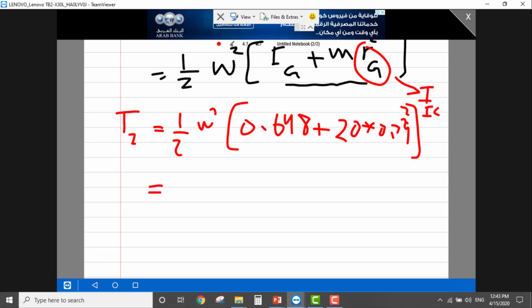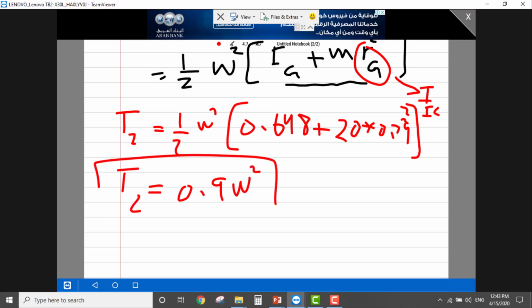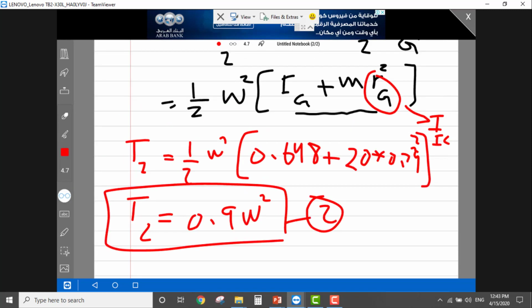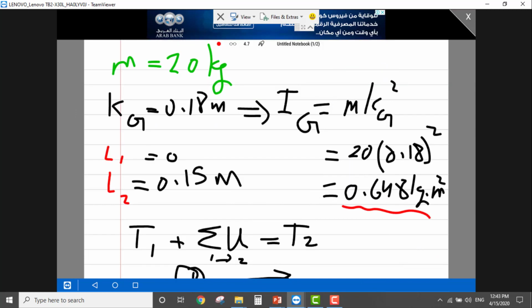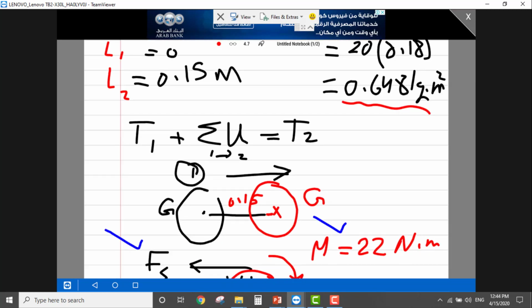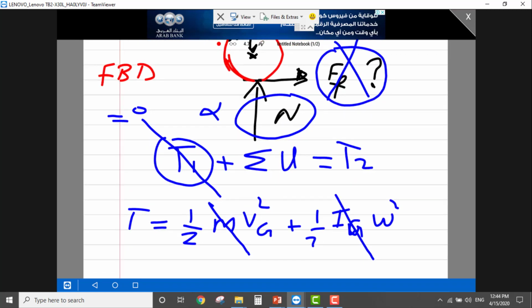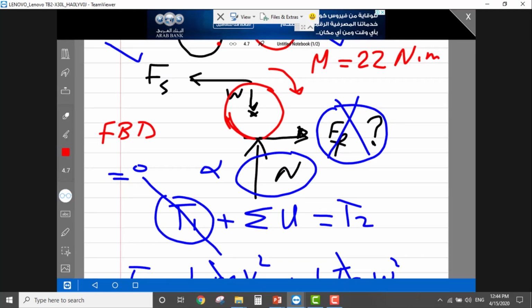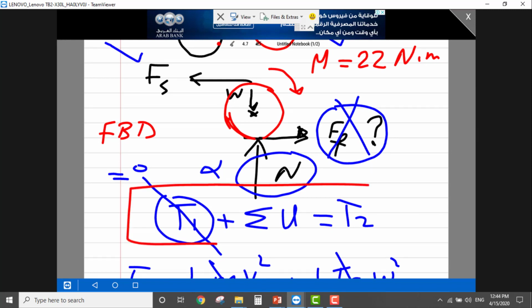Using my calculator, T2 equals 0.9 omega squared. I will name this equation 2, and the previous equation in the first sheet I will name equation 1.